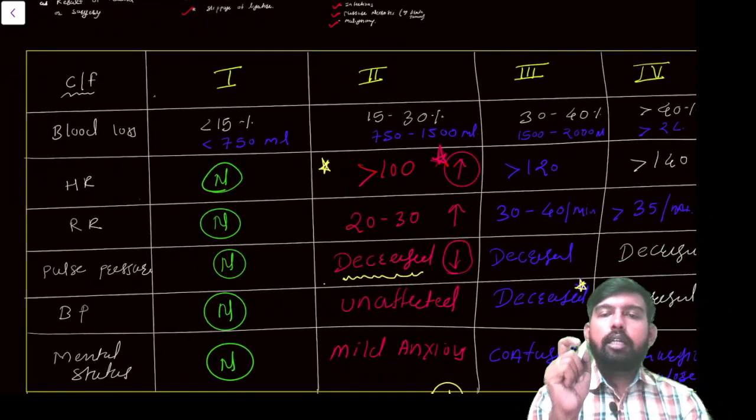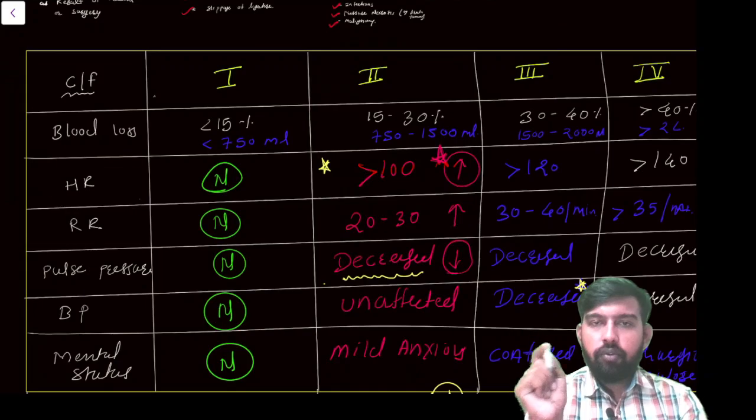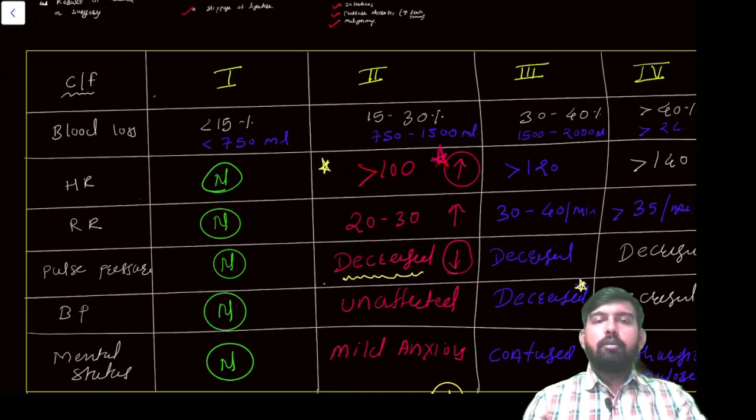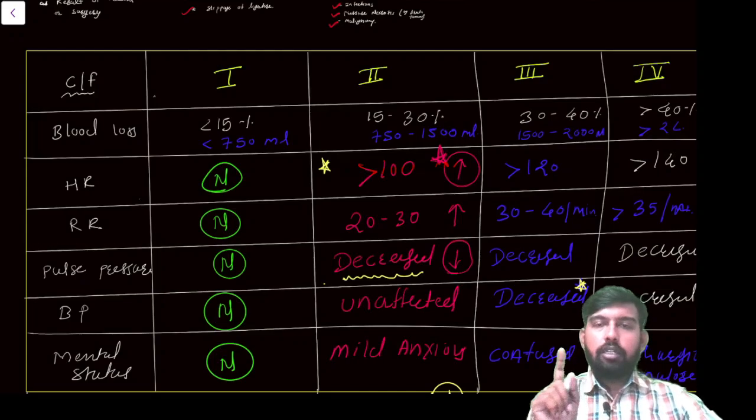So hemorrhagic shock can be classified depending upon the amount of blood loss into class 1, 2, 3 and 4. Let's see one by one.